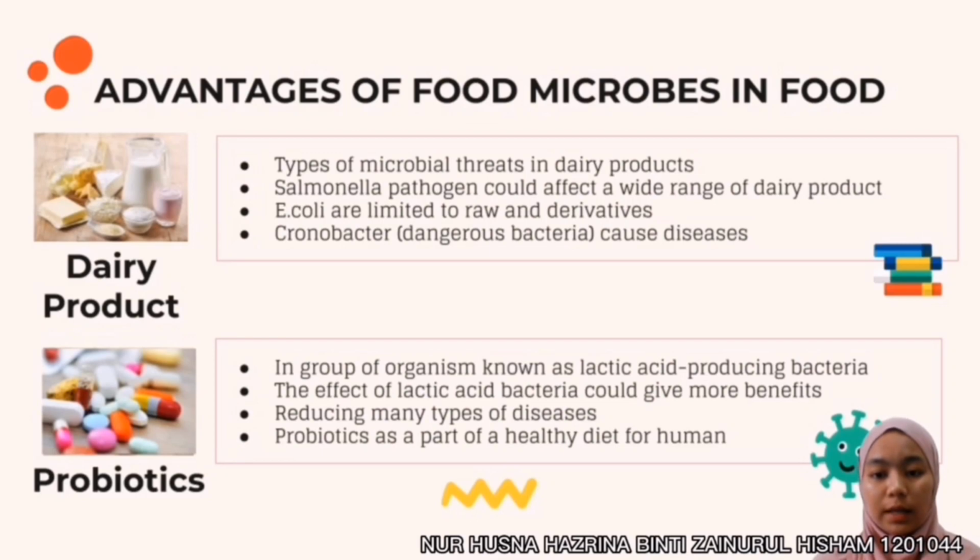So there are some benefits from the effect of lactic acid bacteria, such as improving intestinal tract health, enhancing the immune system, reducing symptoms of lactose intolerance, and reducing risk of certain cancers.